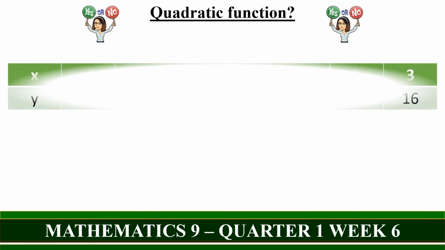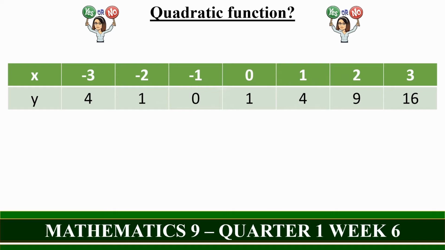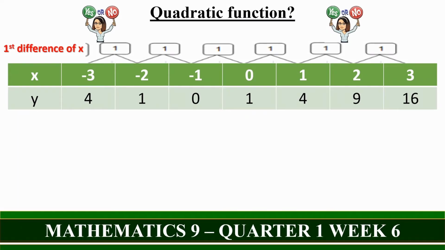Given the table, first thing is to check if the first difference of all the x values are equal. We just need to subtract the x values in descending order. 3 minus 2, 2 minus 1, 1 minus 0, negative 1 minus negative 2, and negative 2 minus negative 3.